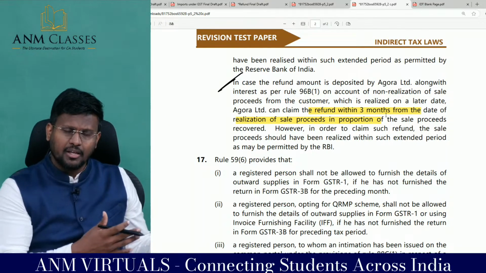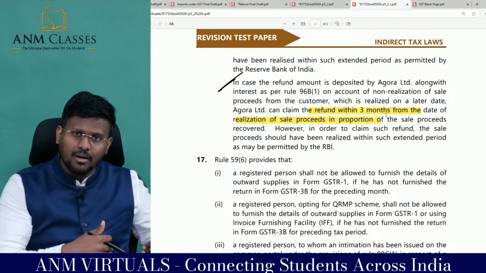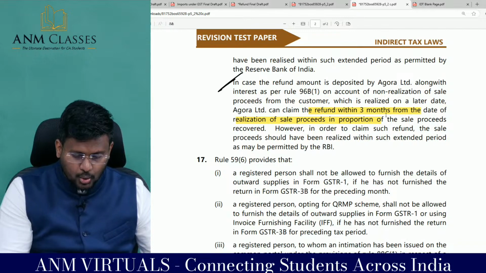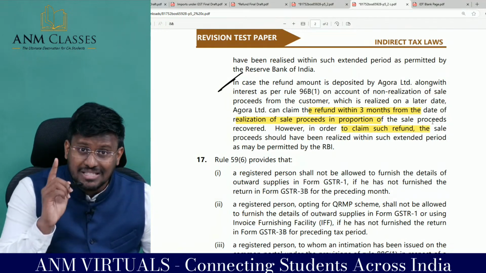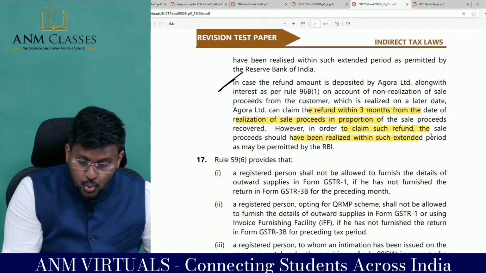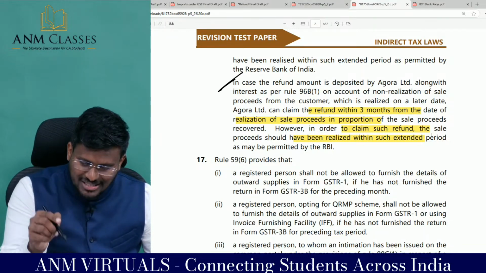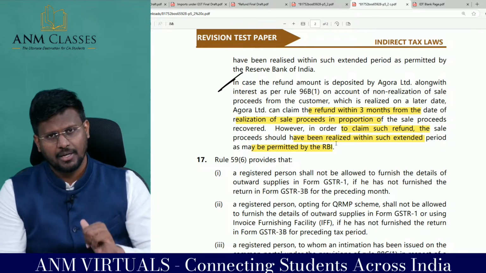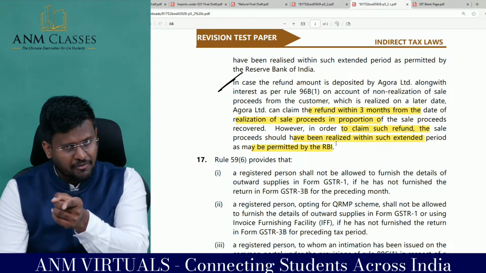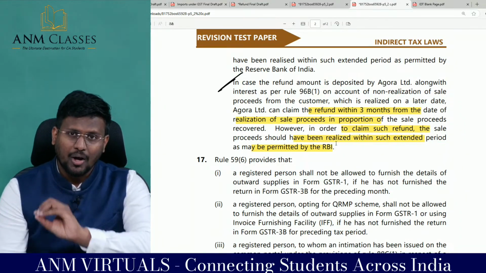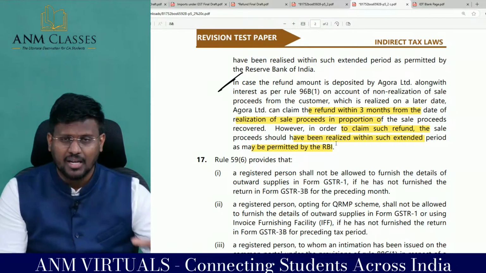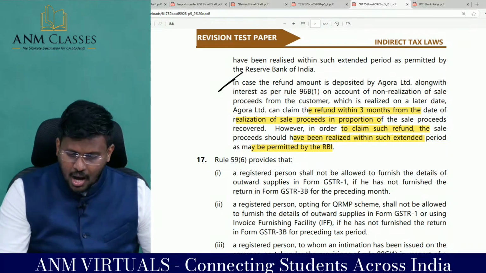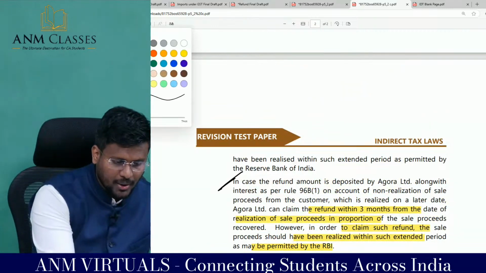Sir, if I have repatriated fully, then based on the proportion, I am entitled to get the refund. However, in order to claim such refund, sale proceeds should have been realized within such extended period as may be permitted by RBI. Again, there is a time limit. If you miss the time limit given by FEMA, leave it, fine. But you have to repatriate that money within the time limit as mentioned by RBI. If that is the case, you have a chance.